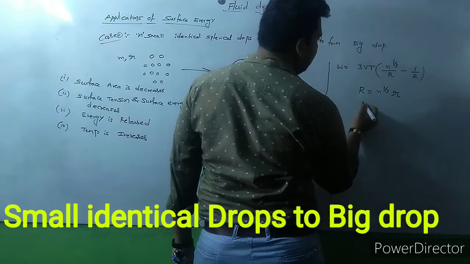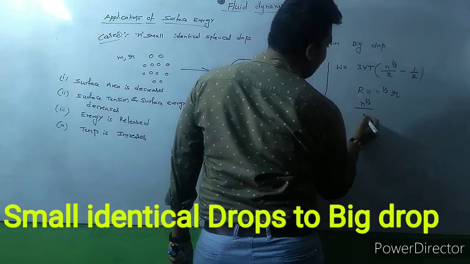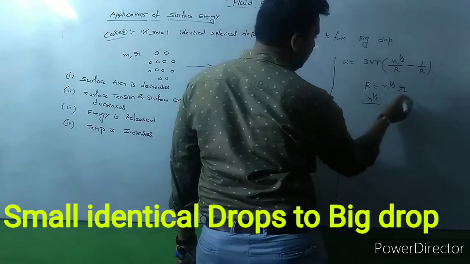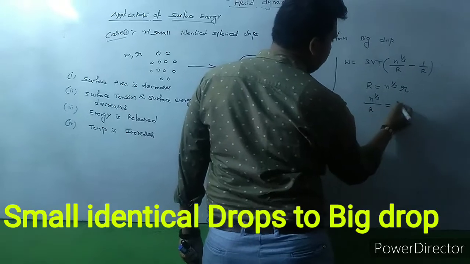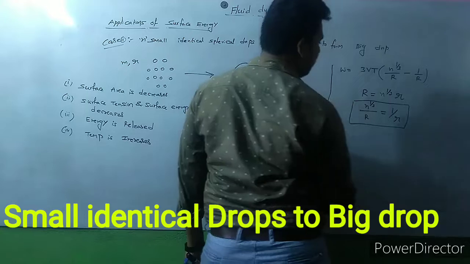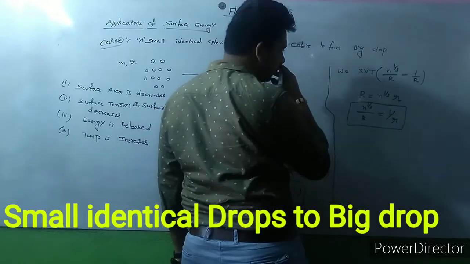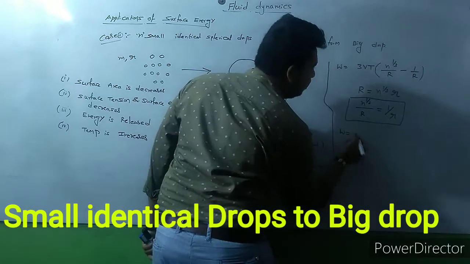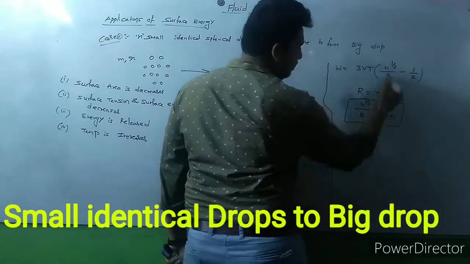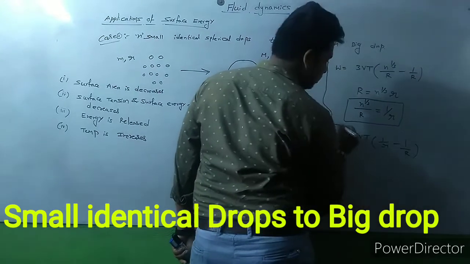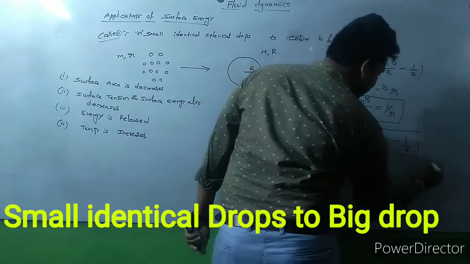That means n power 1 by 3 by capital R is equal to 1 by small r. So work done is equal to 3VT into 1 by small r minus 1 by capital R.